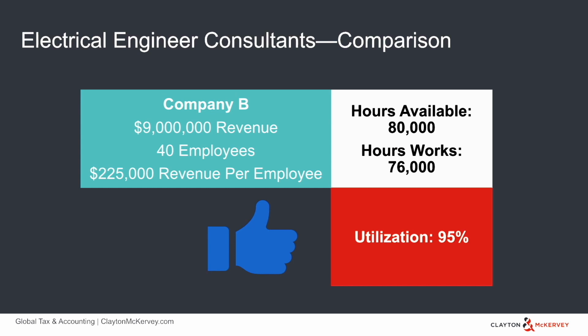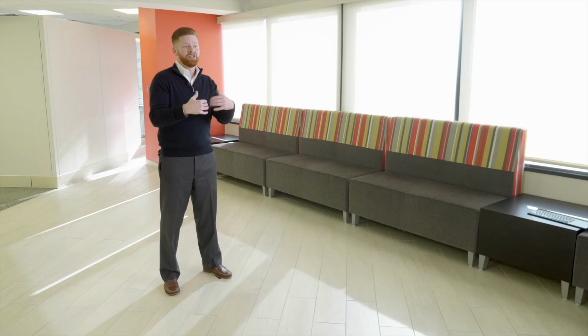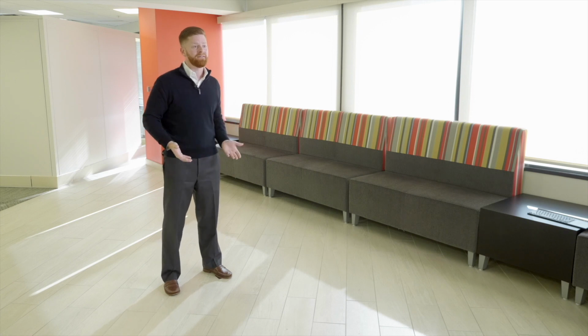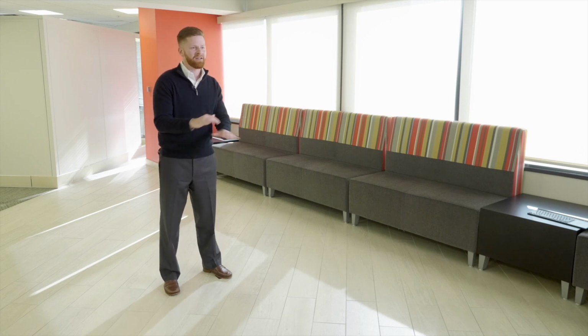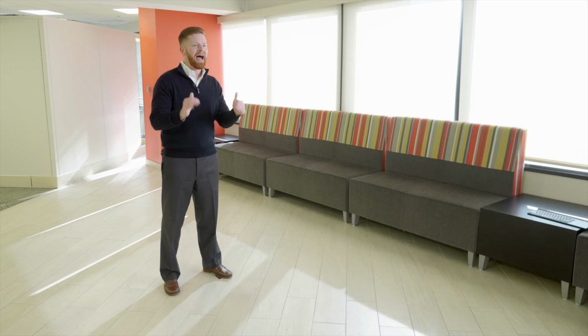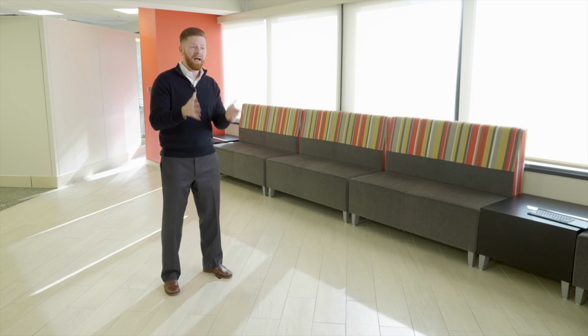Again, just like in our revenue per employee video, at first glance, we might continue to say, well, Company B just looks better. They had the higher numbers in this. 95% utilization compared to something lower, and 225,000 in revenue per employee compared to the 150. And yes, I agree. In general, the higher these figures are, the better.